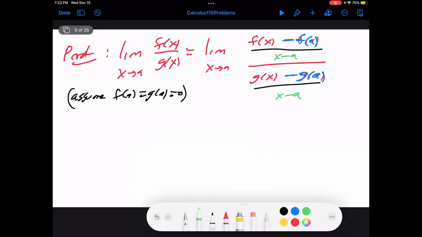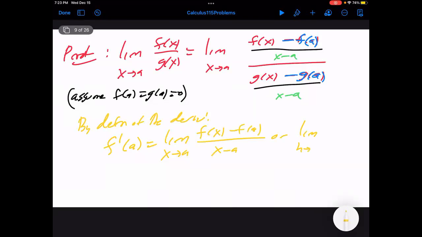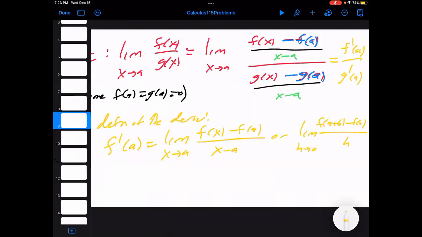By the definition of the derivative, f prime of a is the limit as x goes to a of f of x minus f of a over x minus a, or the limit as h goes to 0 of f of a plus h minus f of a over h. And so this is going to become f prime of a over g prime of a. And if we have 0 over 0, we just do it again.